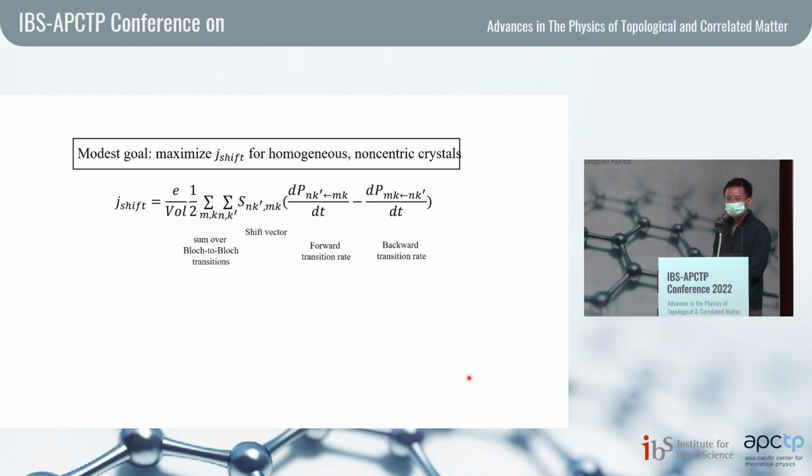This shift current can be expressed in the following form: a sum over all possible Bloch-to-Bloch transitions. This shift vector has a dimension of position. This is the displacement of the wave packet I was telling you about, and it is multiplied with the forward transition rate minus the backward transition rate.